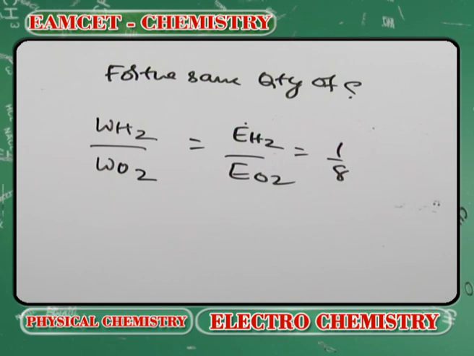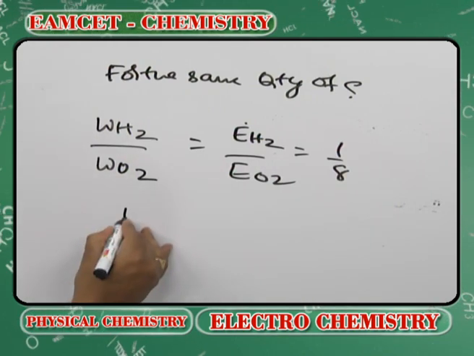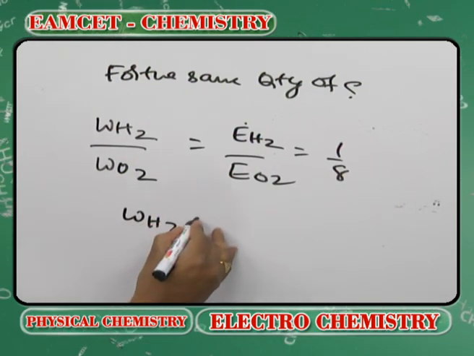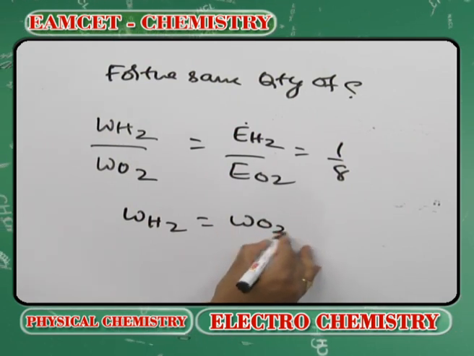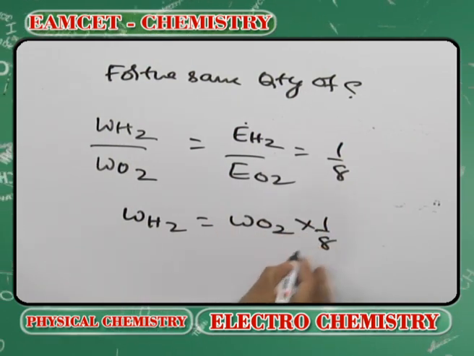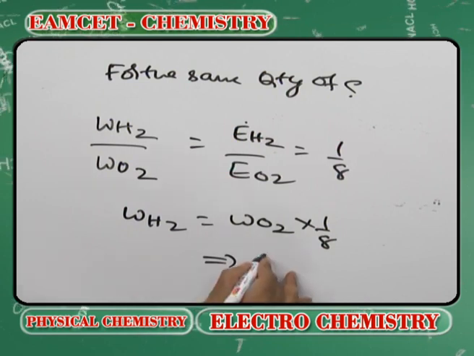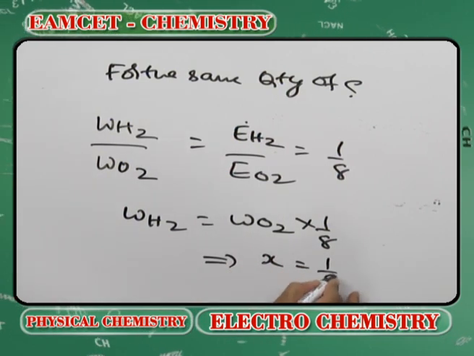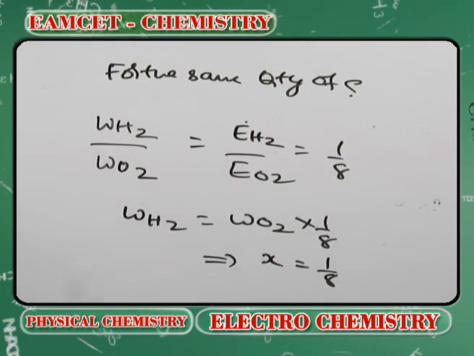So weight of hydrogen is equal to weight of oxygen into 1 by 8, which implies x is equal to 1 by 8.